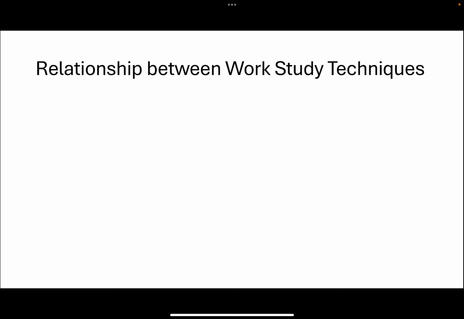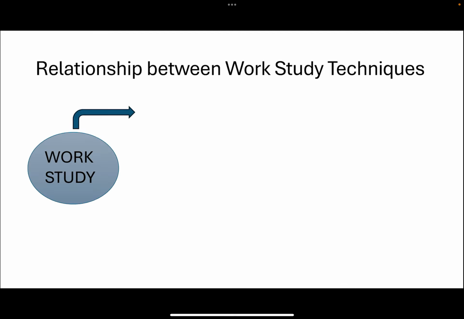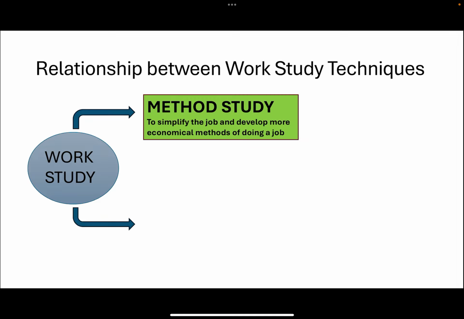Let us find the relationship between work study techniques. This will make it somewhat clear. We have seen what work study is. It comprises two things: method study and work measurement. Work study starts with the method study, to simplify the job and develop more economical methods of doing it.